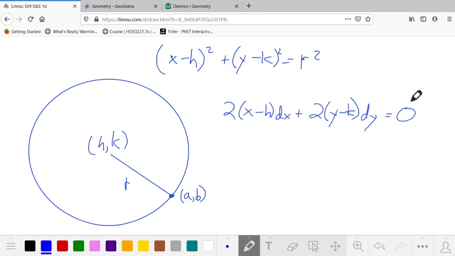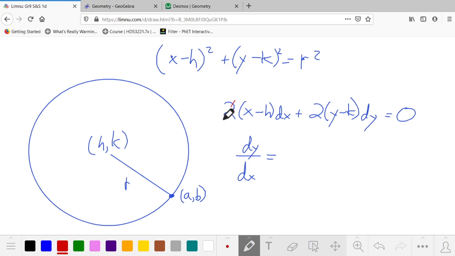Again, this is something that is not going to be comfortable for students until they're about halfway through Math 31, if not a little bit further. But the slope in calculus would be given by dy over dx.